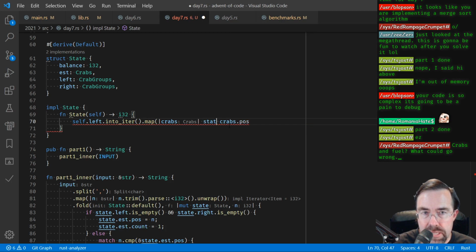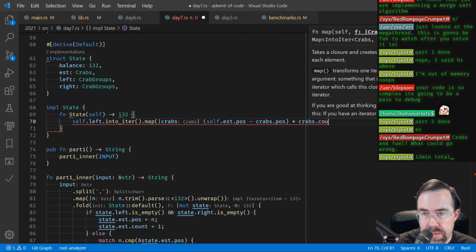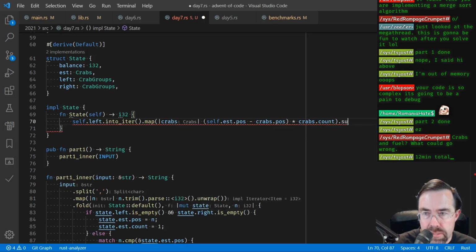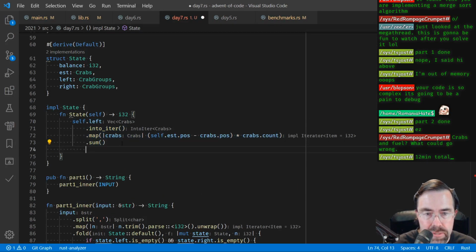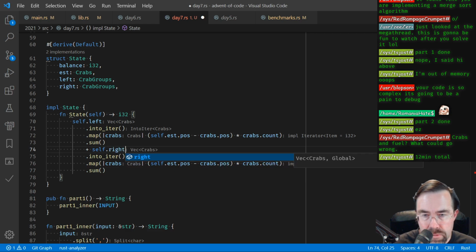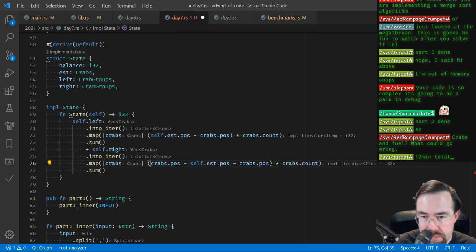So state dot estimate dot position minus crab's position. It's not state itself. Times the count. Times crabs dot count. And then sum that, and then we're going to add to that the same for the right, only here it's the crab's position minus the estimate position.